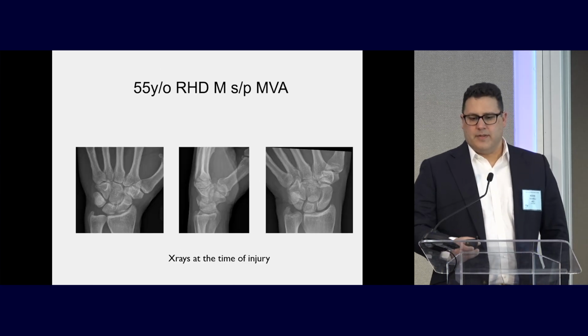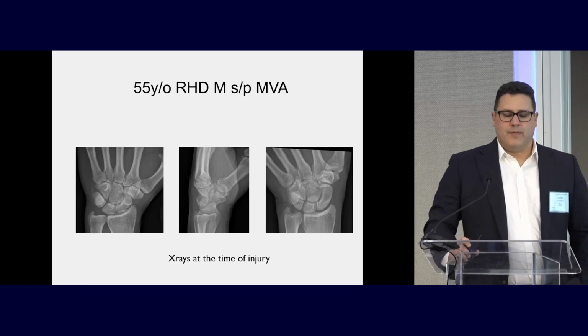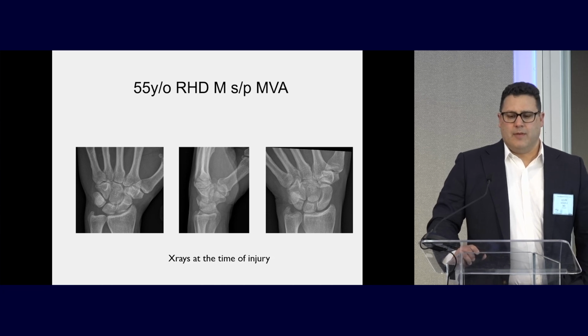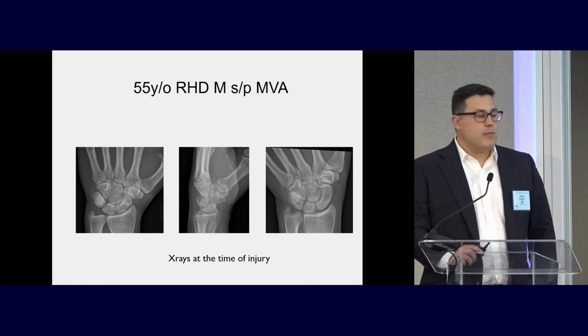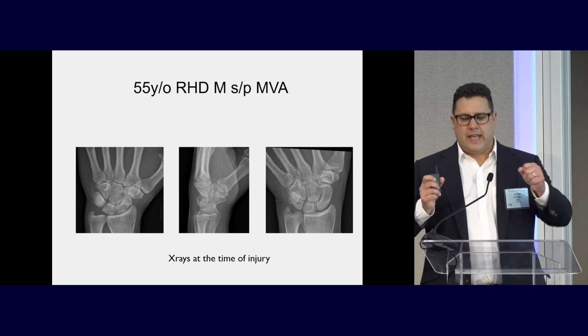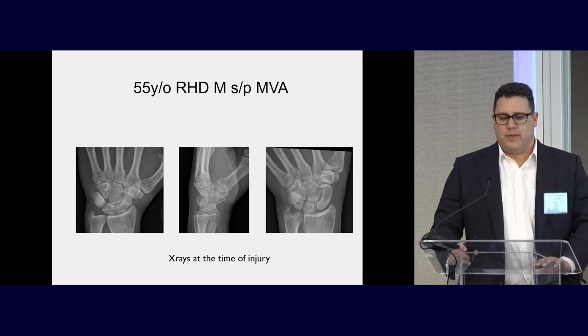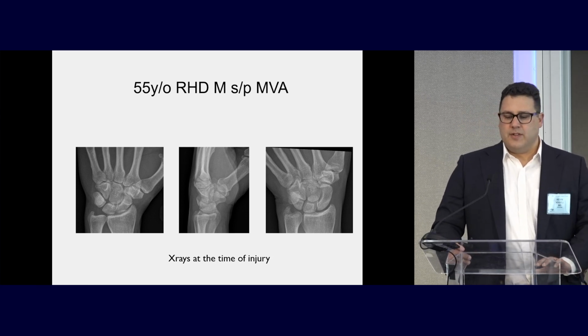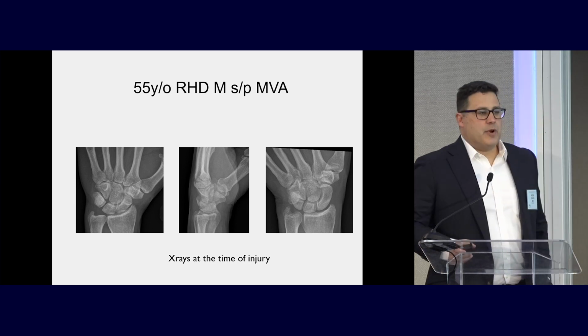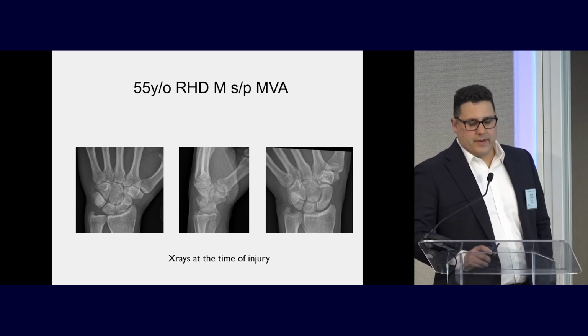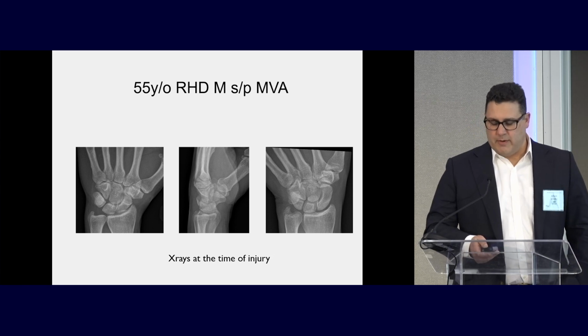And the last case I'm going to talk about, this is a 55-year-old right-hand dominant male who worked in biotech, who was in a motor vehicle accident and was seen in the emergency room. He had an injury where his hands hit either the dashboard or the steering wheel, and he continued to have wrist pain. He was seen by his primary care doctor, who didn't get another set of x-rays, but sent him to physical therapy.